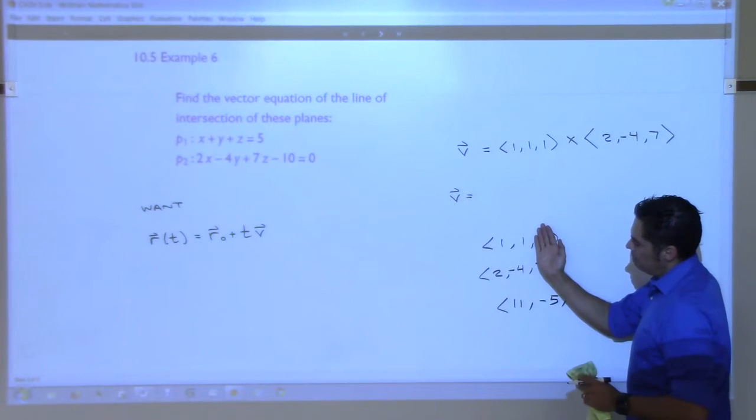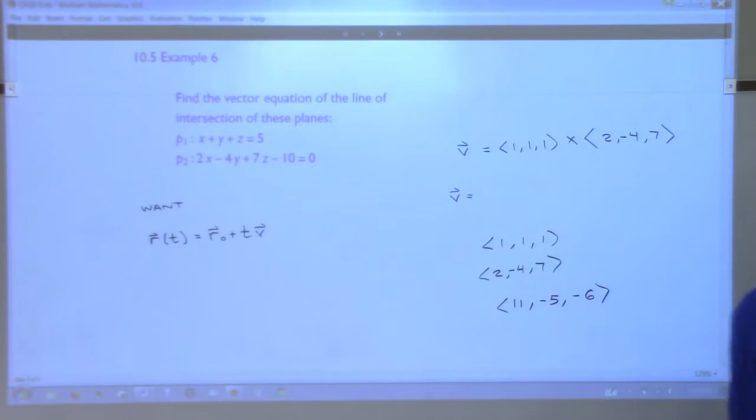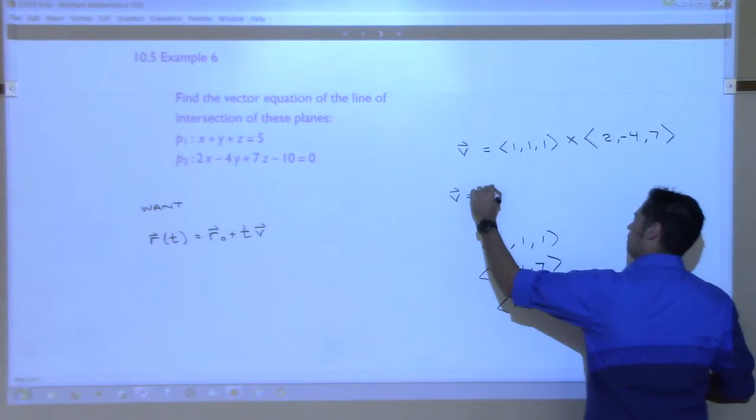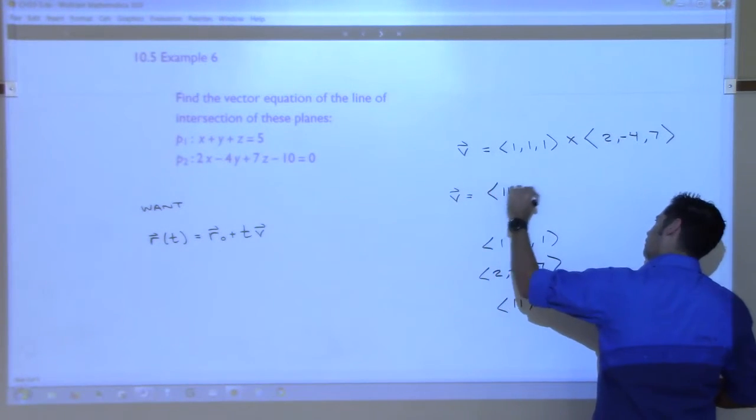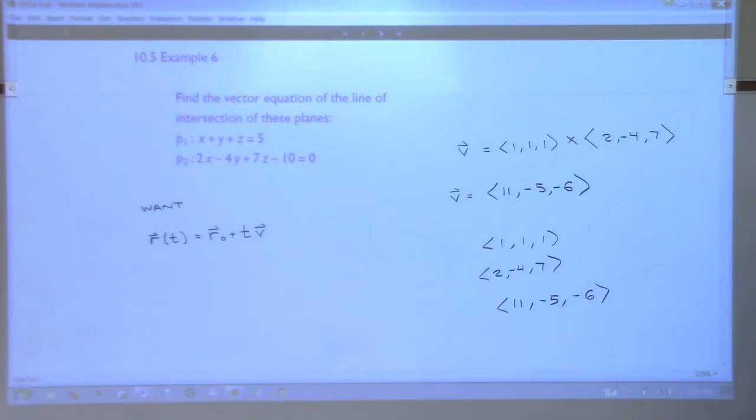And negative 4, take away 2, negative 6. Anyone else get that for the cross of those? Oh, 7 minus negative 4. Yeah, 7 minus negative 4. I got that. Okay, we're good?